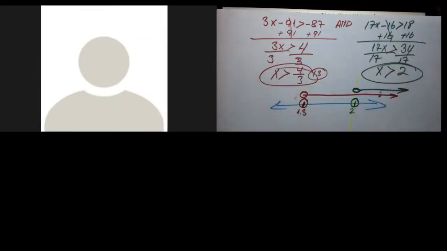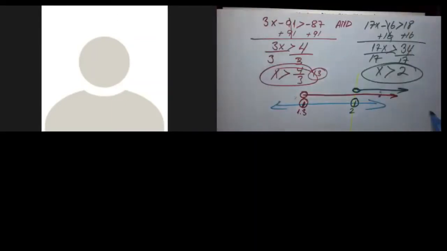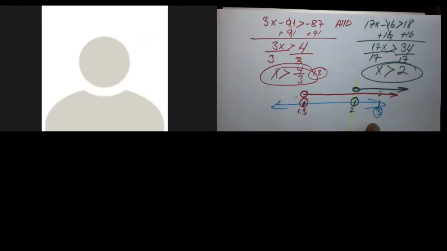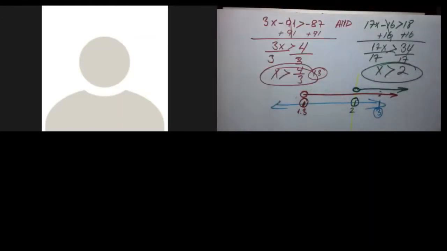And when I say satisfy, plug in those numbers. So between 1.3 and 2, I have 1.5. If I plug in 1.5, I'm only going to satisfy this equation. But if I plug in, let's say, 3, which is greater than 2, I'm going to satisfy both of these equations at the same time.